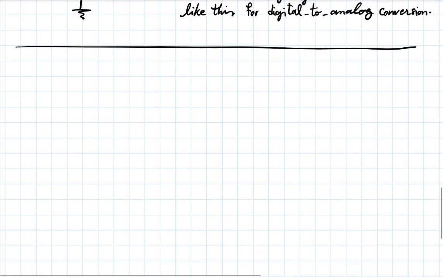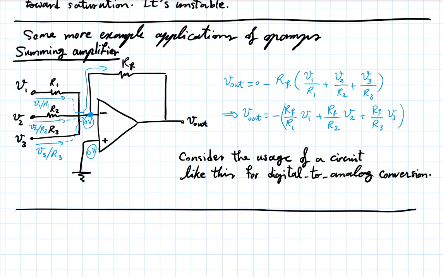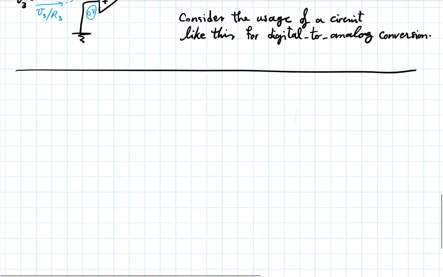Let's look at another circuit. And something that maybe I'll ask you guys to think about a little bit before I draw it. We just saw an amplifier that does a weighted sum, right? This is a weighted summing amplifier because it adds things with different weights. How about a difference amplifier?